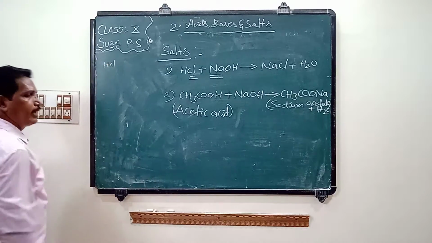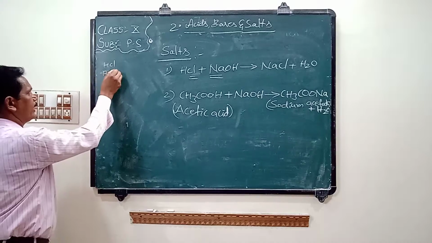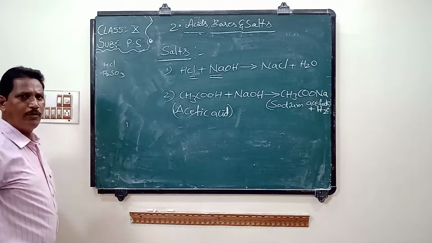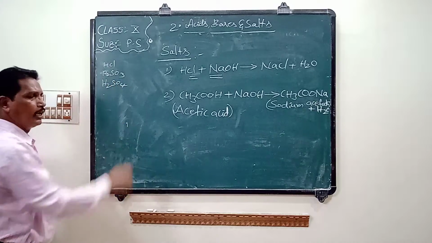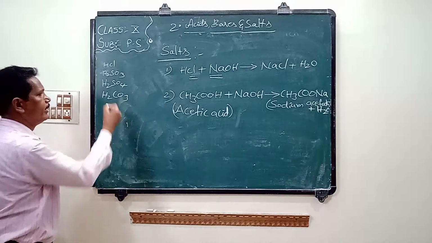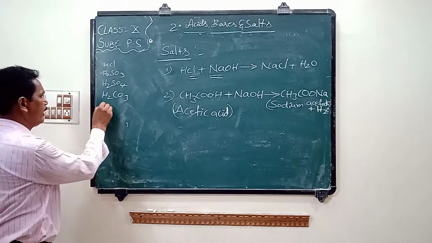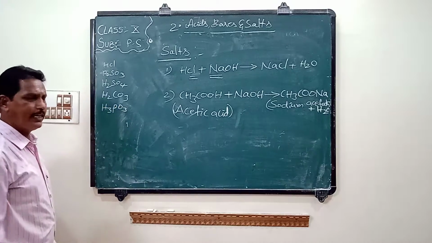HCl is hydrochloric acid. H2SO3 is sulfurous acid. H2SO4, sulfuric acid. H2CO3 is carbonic acid. H3PO3 is phosphorous acid.